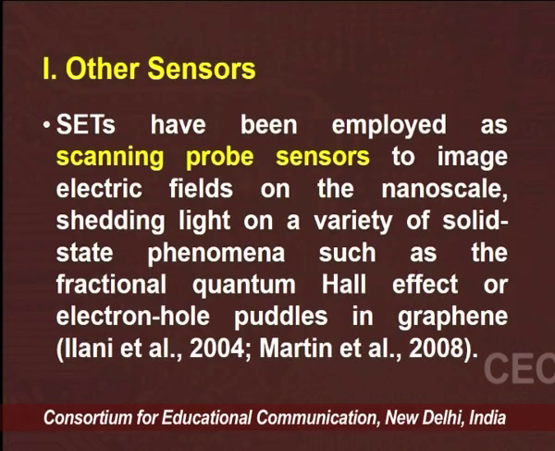So we prepare a sensor using graphene, and that works as a scanning probe sensor that can image the electric field on the nanoscale, shedding light on the variety of solid state phenomena, where we have the fractional quantum Hall effect as well as the electron-hole puddles, and that gives the basic structure of the element.